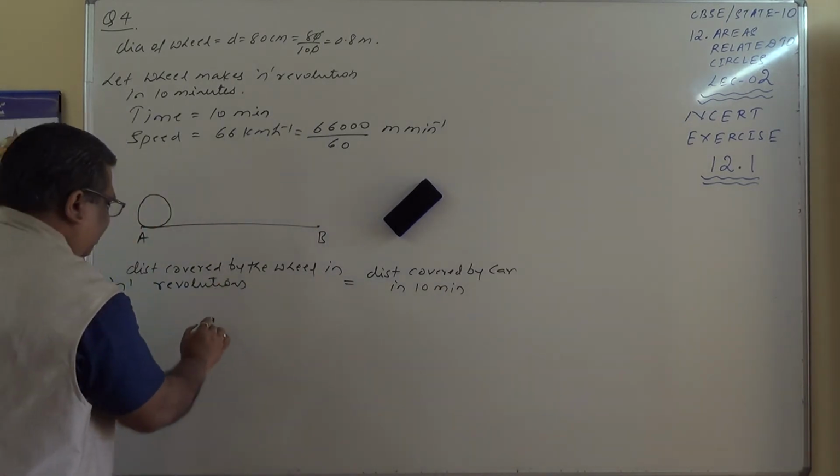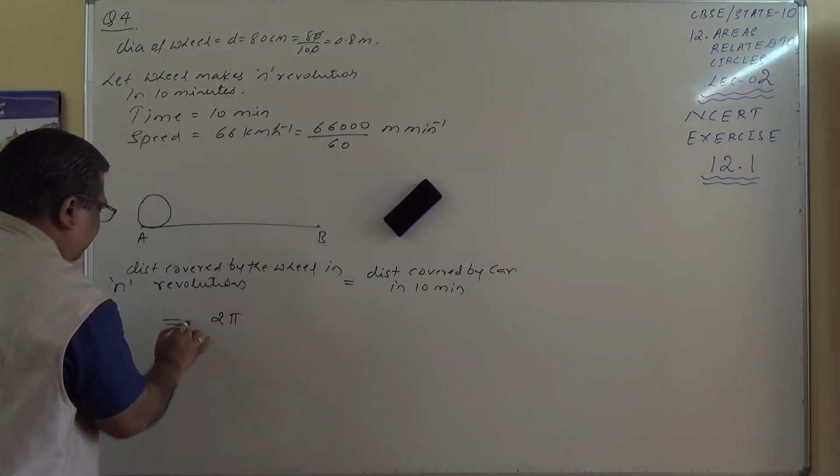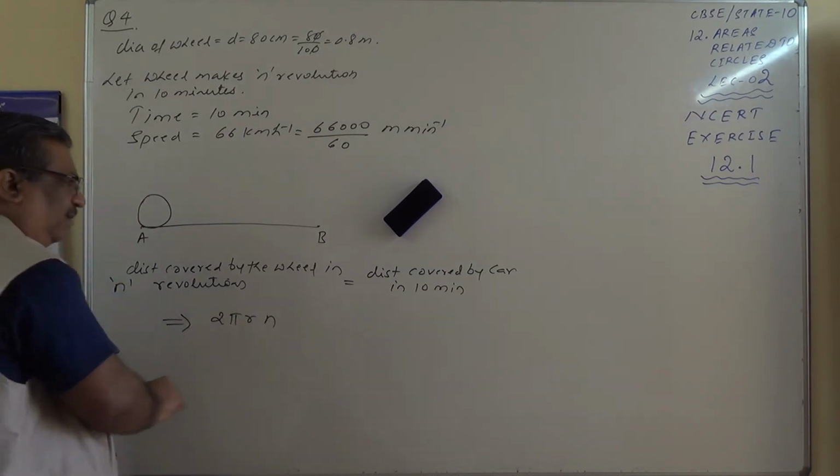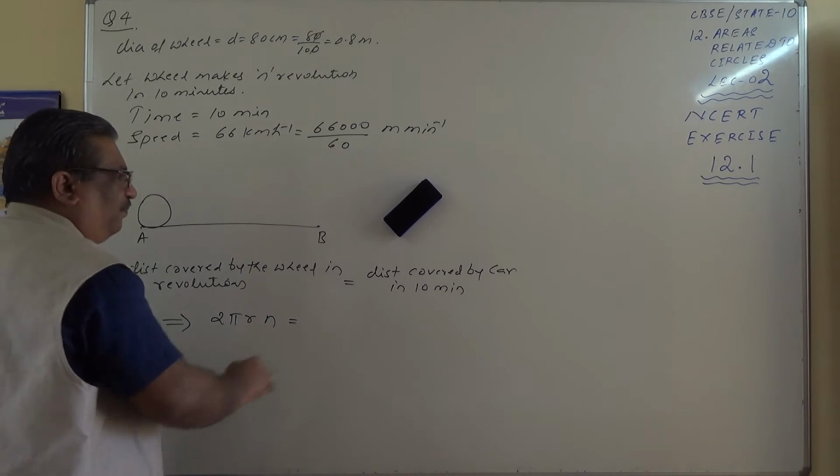So this is nothing but 2 pi r into n. Circumference into n revolutions should be equal to speed into time.